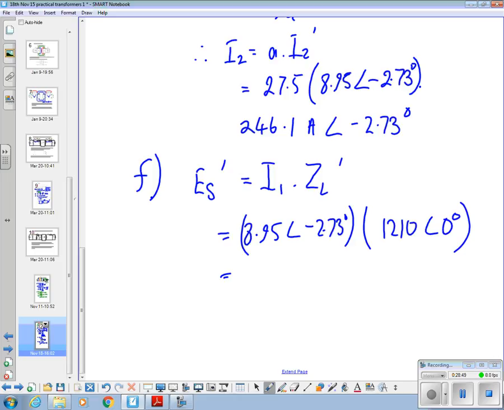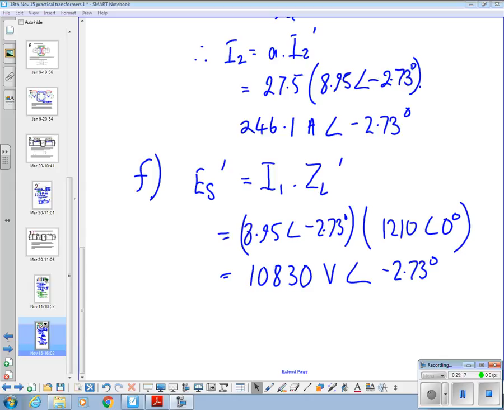What did you say, Danny? 10.830. Equals 10,830 volts at angle minus 2.73. So that 11,000 volts that we're applying has now dropped. We lost nearly 200 of it across internal components.